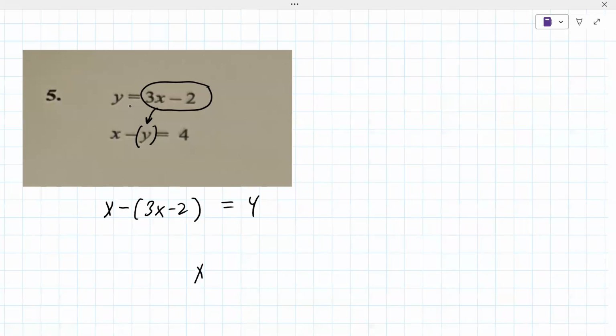Let me know what you come up with for x, please. X equals -3.